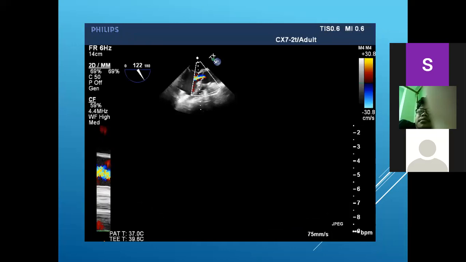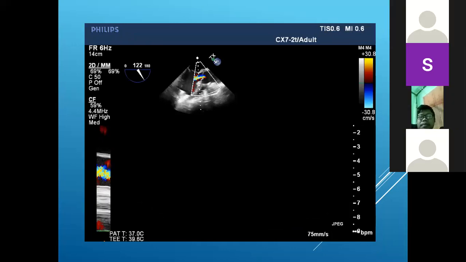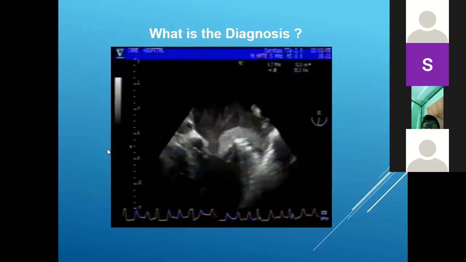Dr. Bhatt says it is significant because there's root dilatation also happening simultaneously. Okay. Anybody else? I would say moderate. Moderate AR? Yeah. Anybody else?